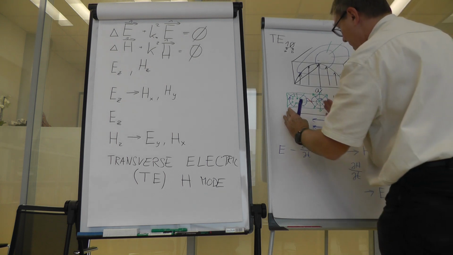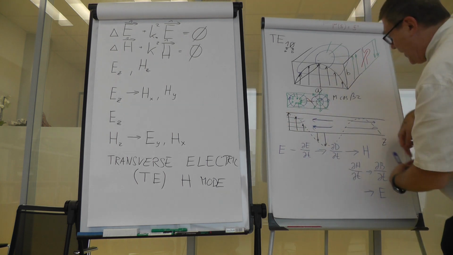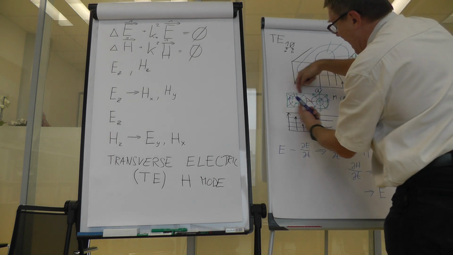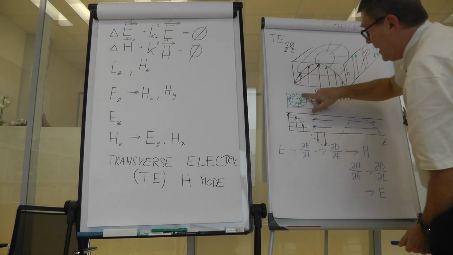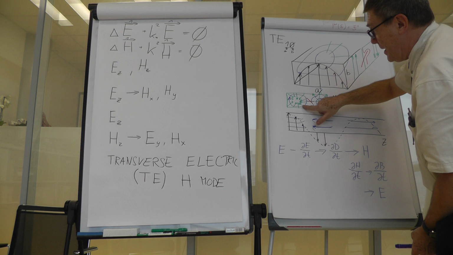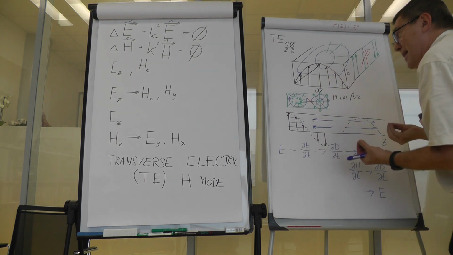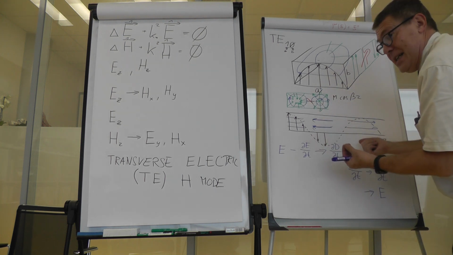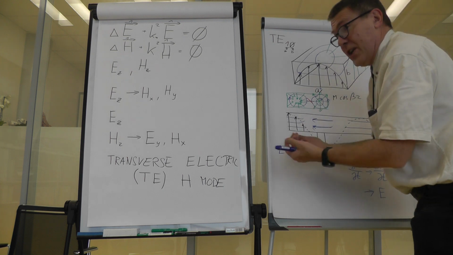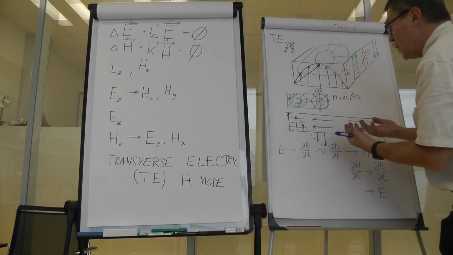Now, the magnetic field inside creates currents in the walls. But a current is something which is moving charge from one location to another.